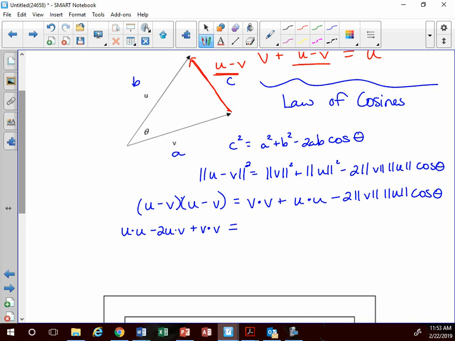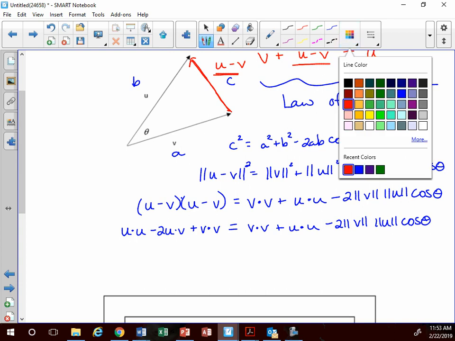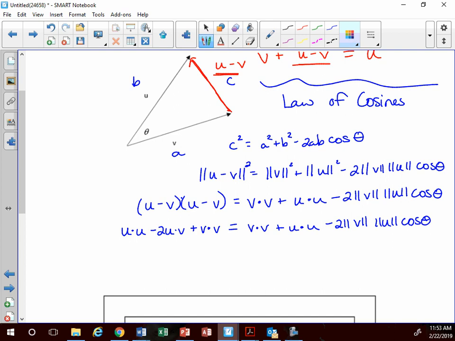Does that make sense? Okay. Then over here I still have v dot v plus u dot u minus 2 magnitude v magnitude u cosine theta. All right, we're getting close, guys. It's about to get much prettier.